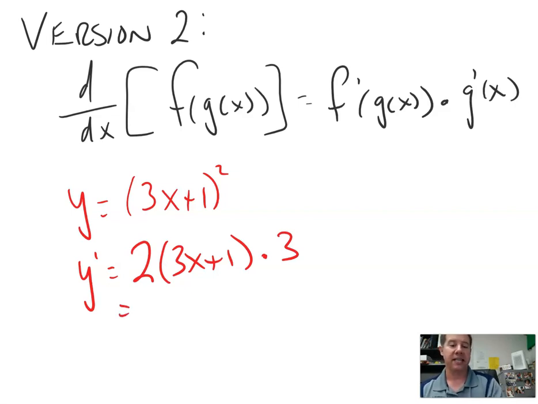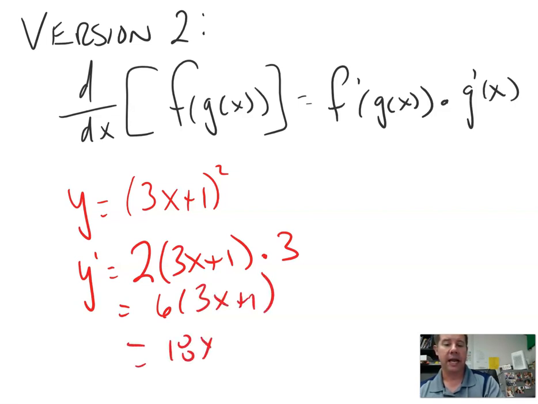Now, if I multiply this together, I get 6 times 3x plus 1, or 18x plus 6, which was the derivative that we came up with when we expanded it out. In this case, I don't know, it's 50-50 on which one's easier. However, if we raise this to the 10th power, I guarantee it's way easier to use chain rule here than to multiply this thing out.